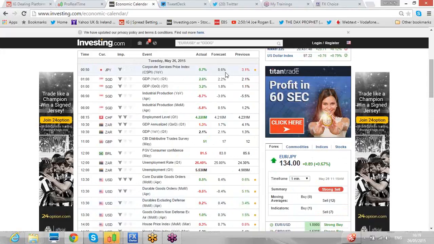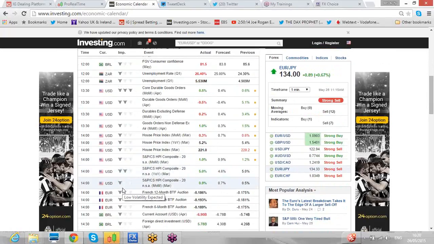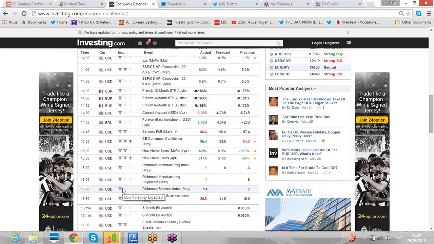You're looking for your data forecast, and you're looking for the actual figure that will come out. So this will impact whatever trade you have on at the time. And again, we look at the major market movers like Japan, US, and Europe, and so on and so forth. So again, the ECB and Federal Reserve would be the big movers.